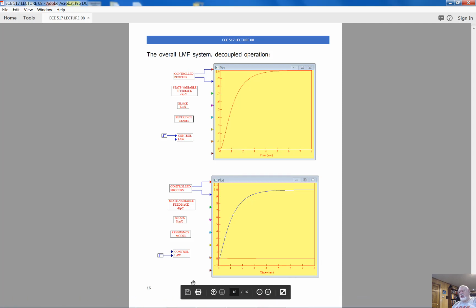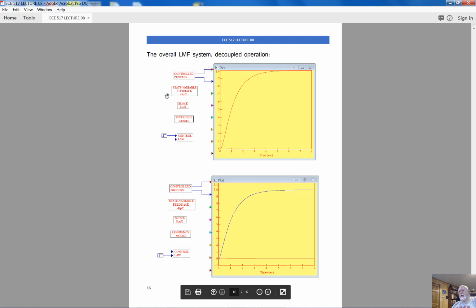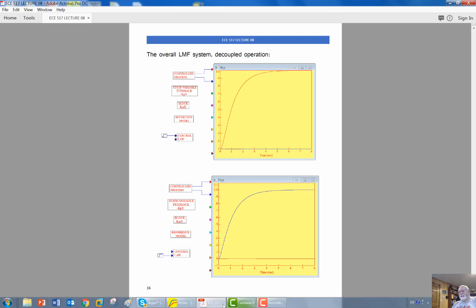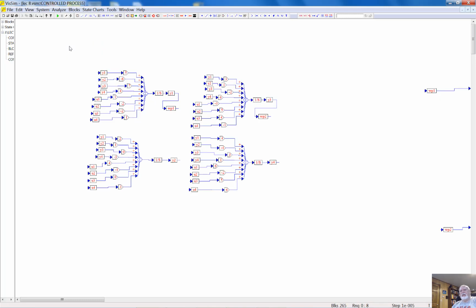What I want to do now is to run the simulation. This is our simulator. Look, this is the control plant as it was originally presented to you. This is all simulator, it's not a picture.